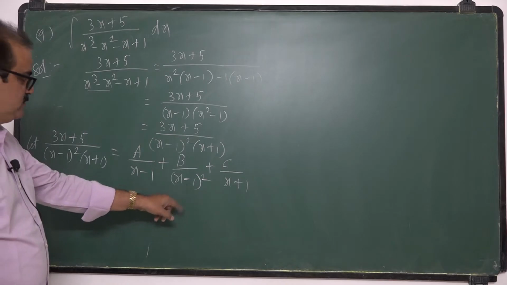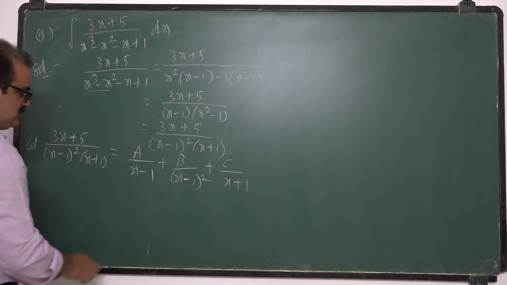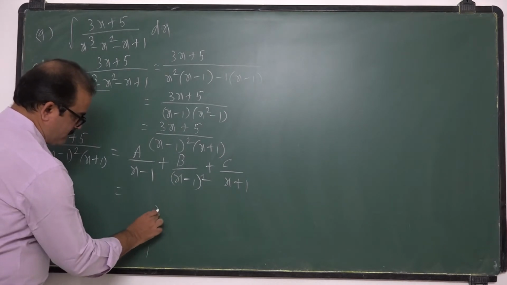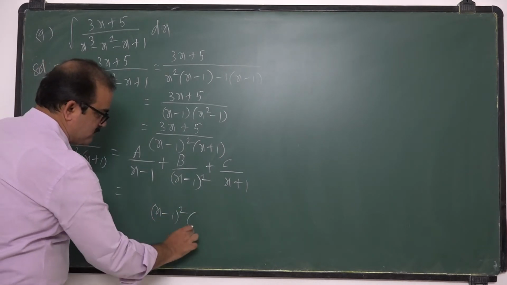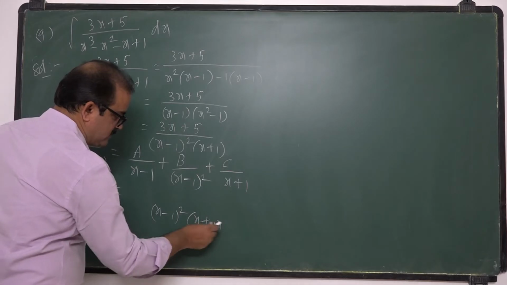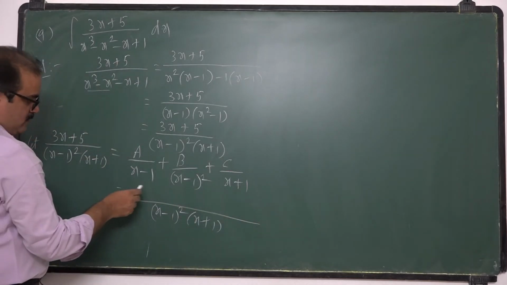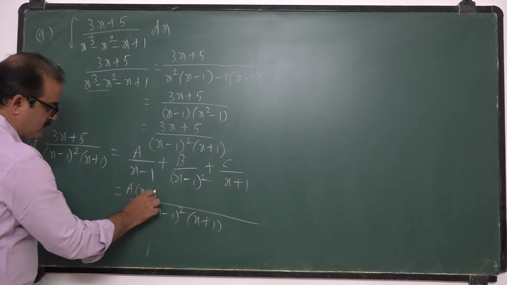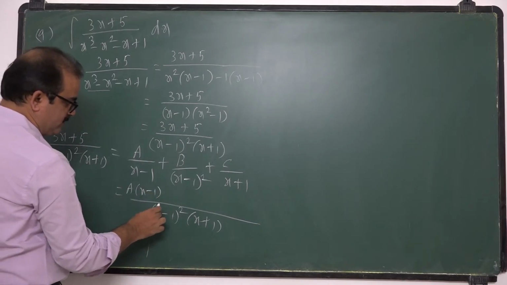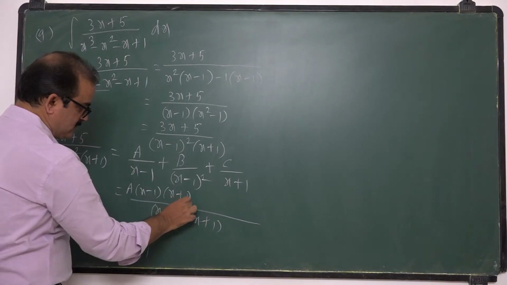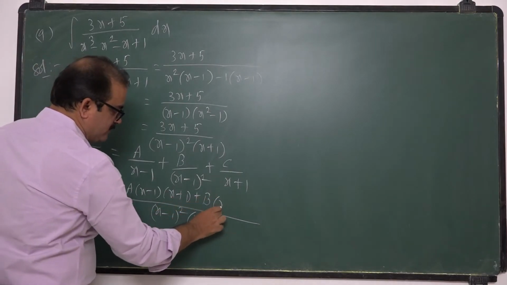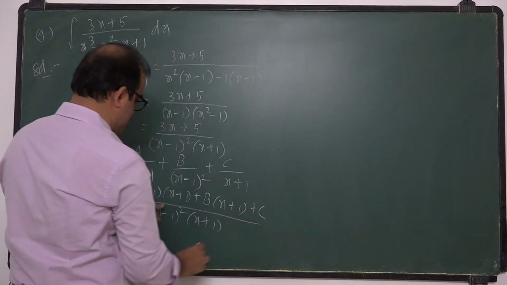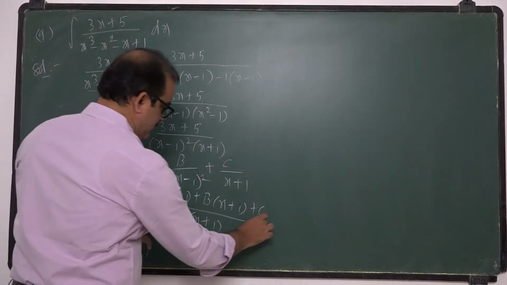Now take LCM on the RHS. What is the LCM here? x minus 1 whole square into x plus 1. In the numerator we get a into x minus 1 into x plus 1, plus b into x plus 1, plus c into x minus 1 whole square.